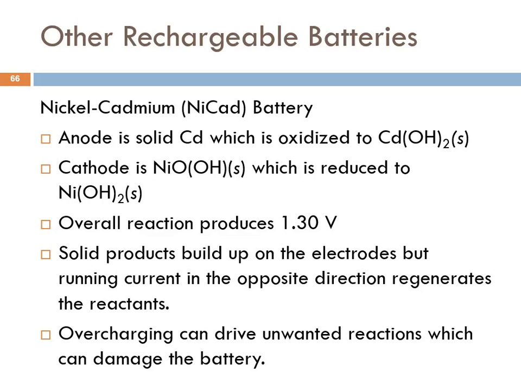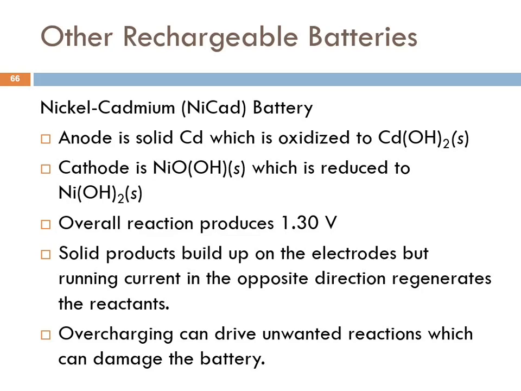So just like with the lead-acid battery, we do get solid products that build up on the electrodes, but running current in the opposite direction regenerates the reactants. And so these are rechargeable batteries. The problem is when you're charging the battery, you don't want to go too long.